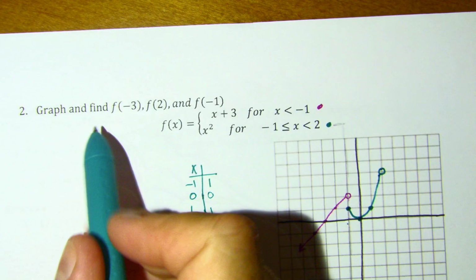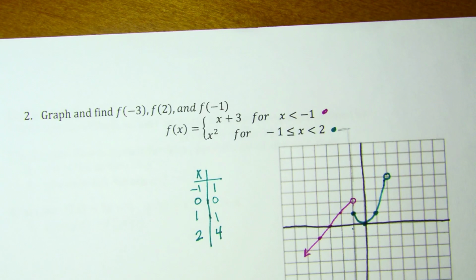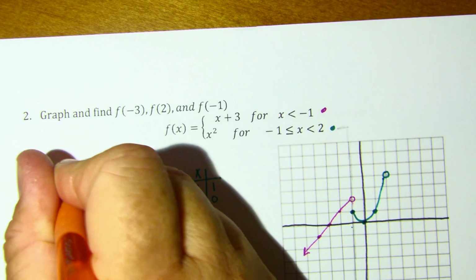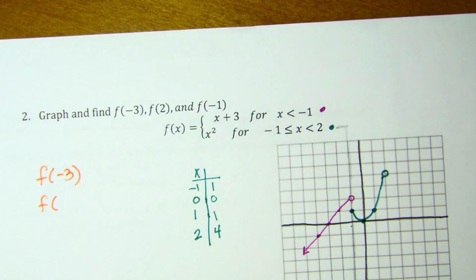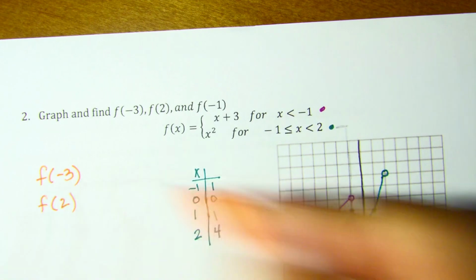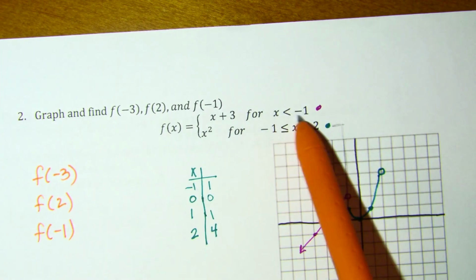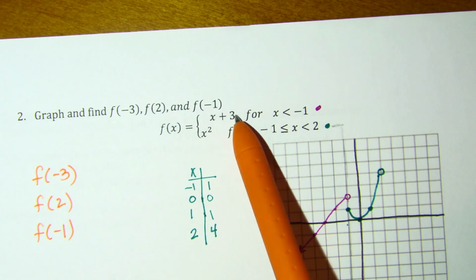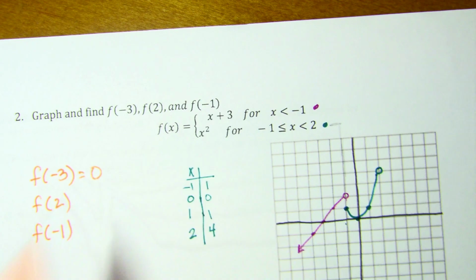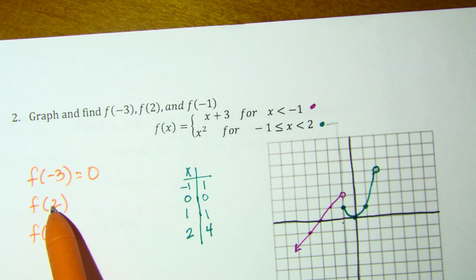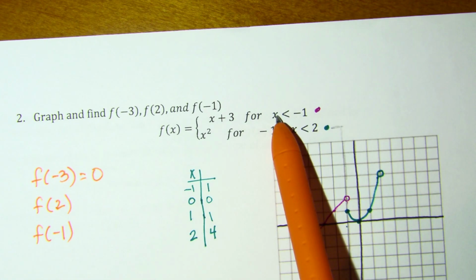Now it says find these values here, so let's go ahead and find those. F of negative 3, F of 2, and F of negative 1. Well, negative 3 is less than negative 1. Negative 3 plus 3 would be 0. 2, well, it's definitely not less than negative 1.